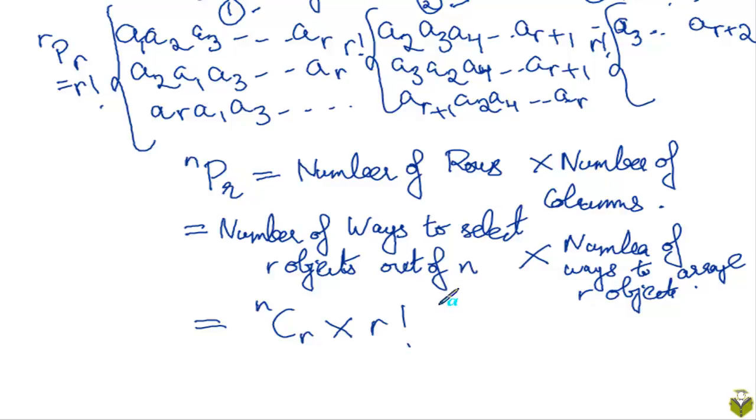So just try to understand permutations. I can call permutations the product of two things. First, you can select R objects out of n, and then you can arrange them.